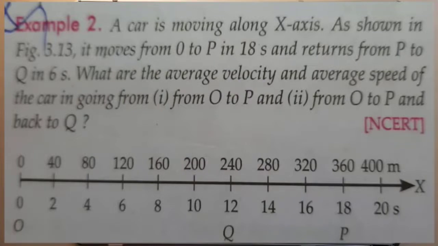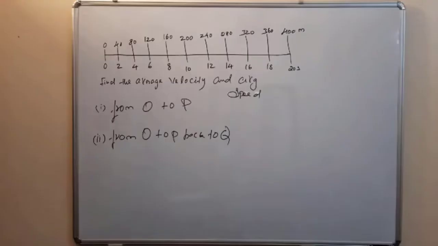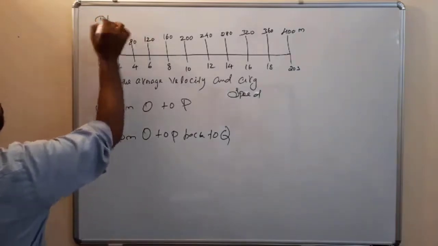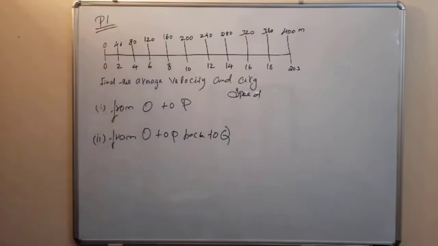What are the average velocity and average speed of the car in going from 1. from O to P, 2. from O to P and back to Q. Okay, so this is given in the question, that is problem 1.